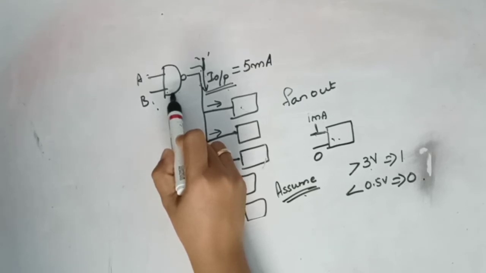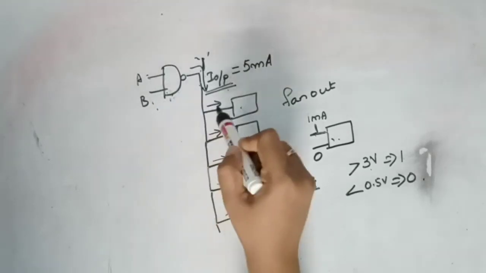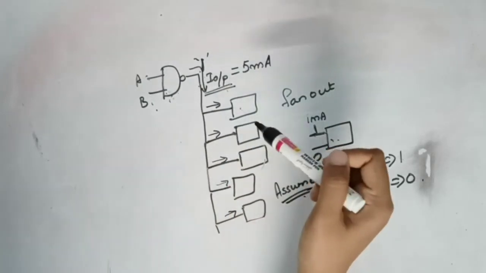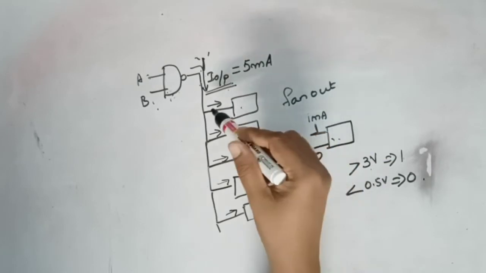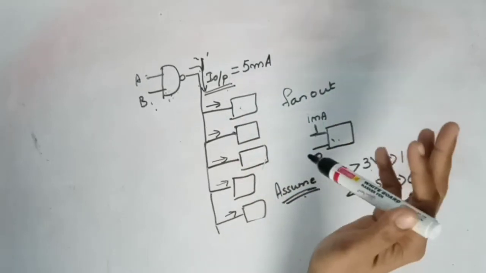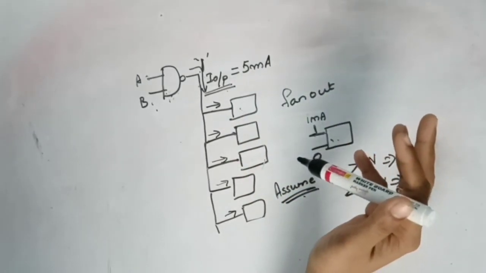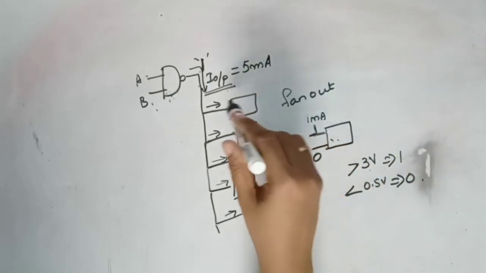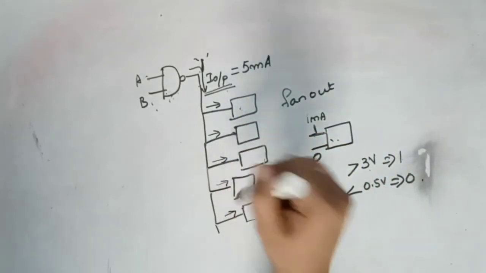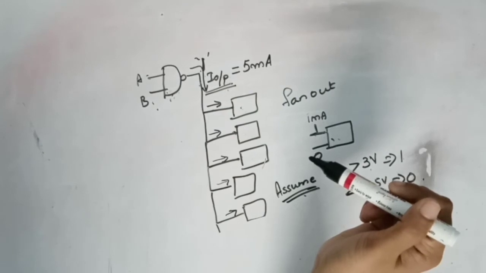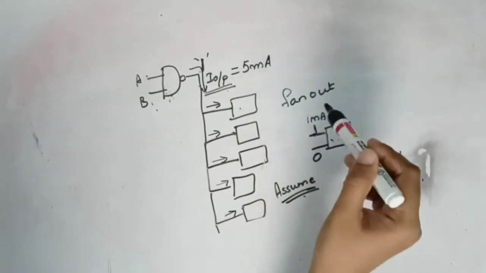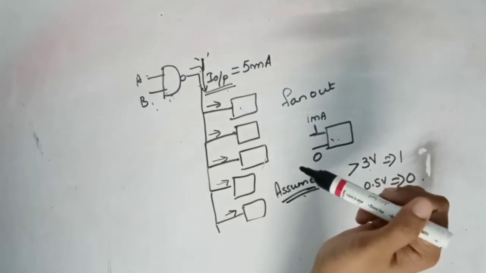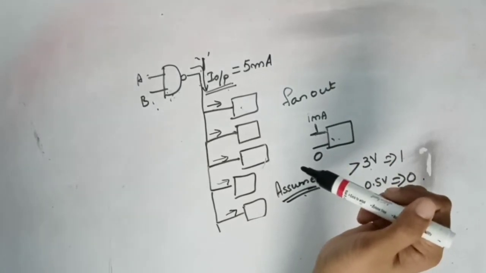That is simply put. Input is fine, but output has a complication: you can't just connect any number of gates to the output of a particular gate. The current should be considered. So that is fan in, fan out and propagation delay of a particular gate.